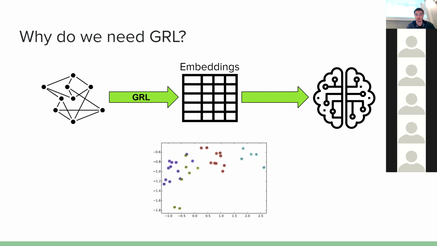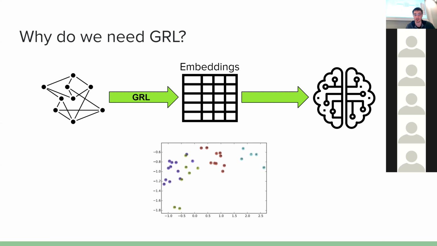So here is an example of what a two-dimensional embedding might look like. Each dot is a node of our input graph, and their position in this low-dimensional space of the embedding depends on how each of these nodes is connected to the others.